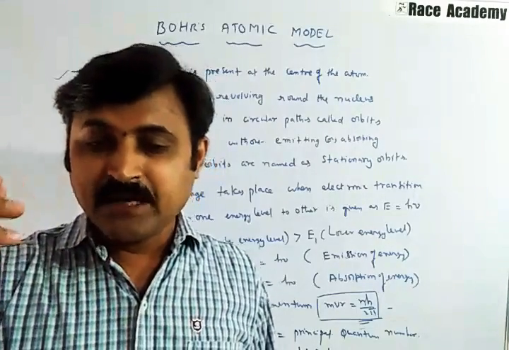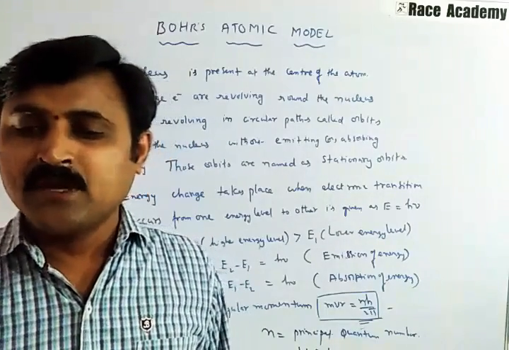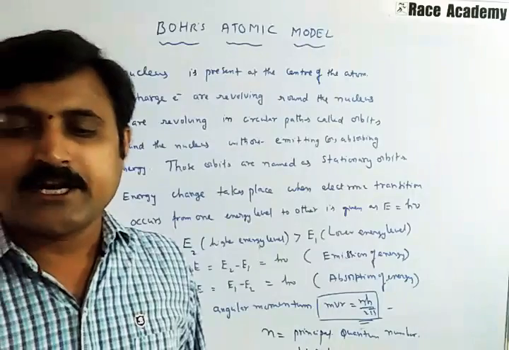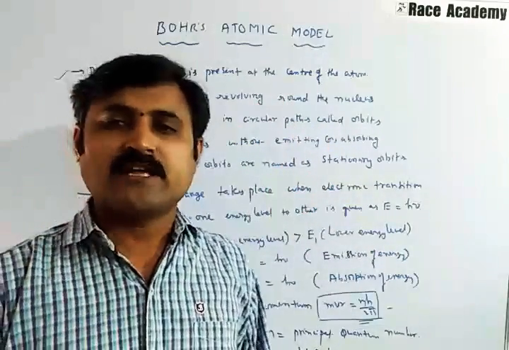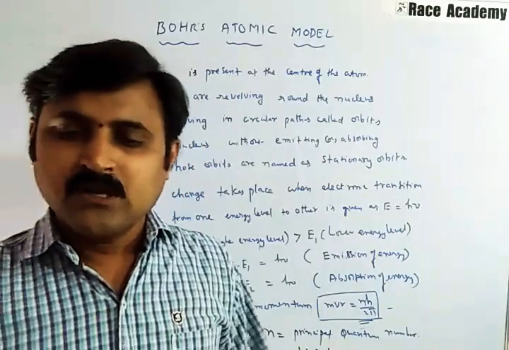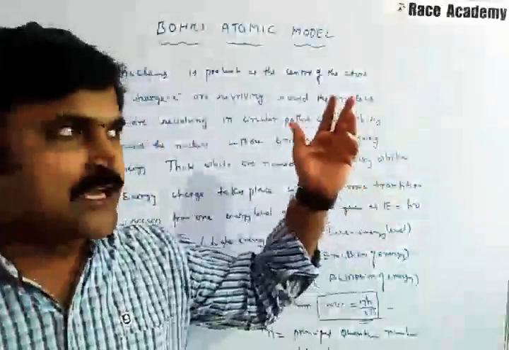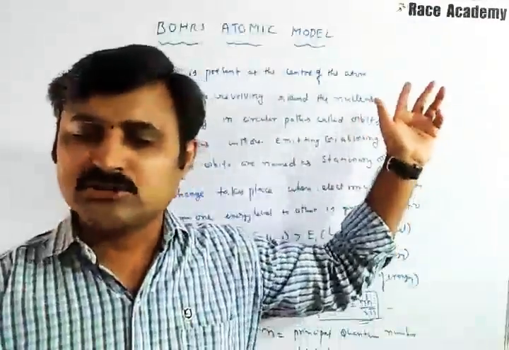Actually, the experimental values of radii and energies of the hydrogen atom are in good agreement with those calculated on the basis of Bohr's theory. So Bohr's theory successfully explains the radius and energy of the hydrogen atom, and we call it Bohr's hydrogen model only.